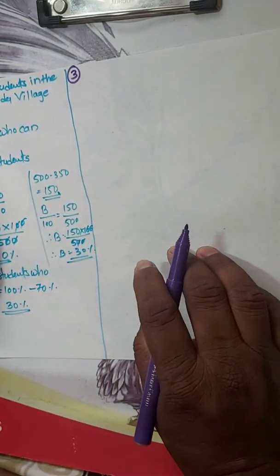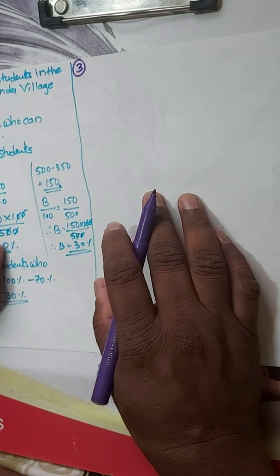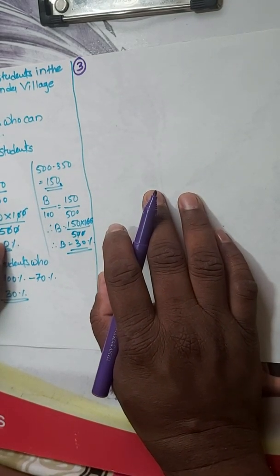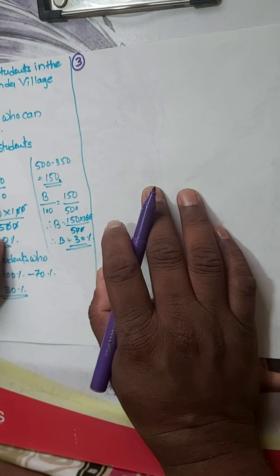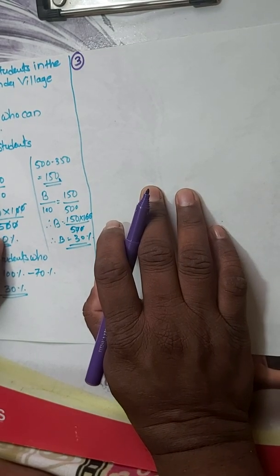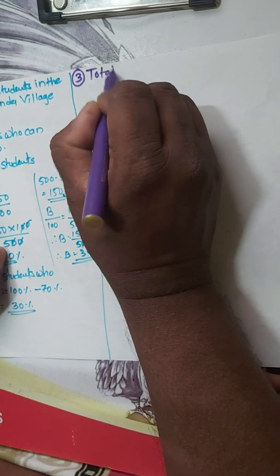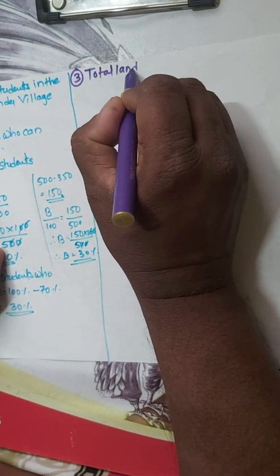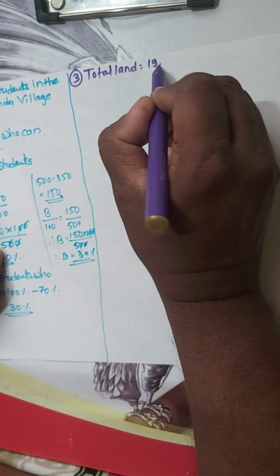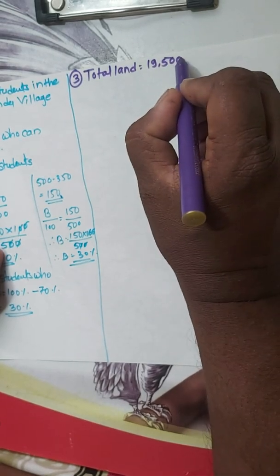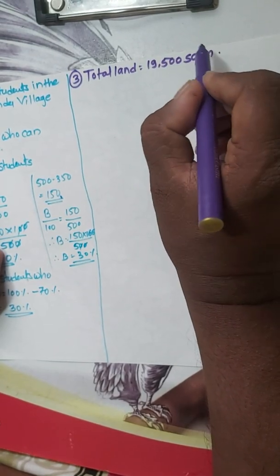So given things, here Prakash sowed on 75% of the 19,500 square meter of the land. So total land we have to write, that is given, total land is equal to 19,500 square meter.